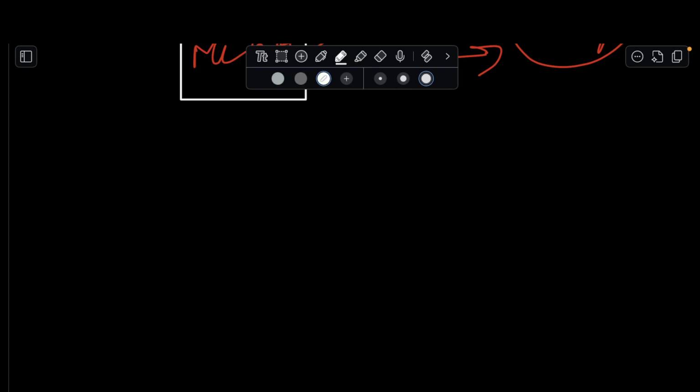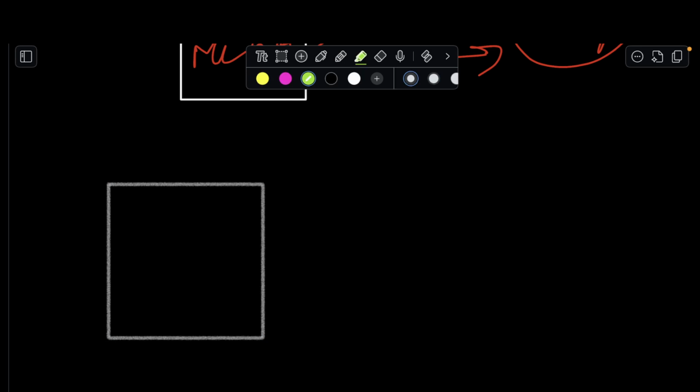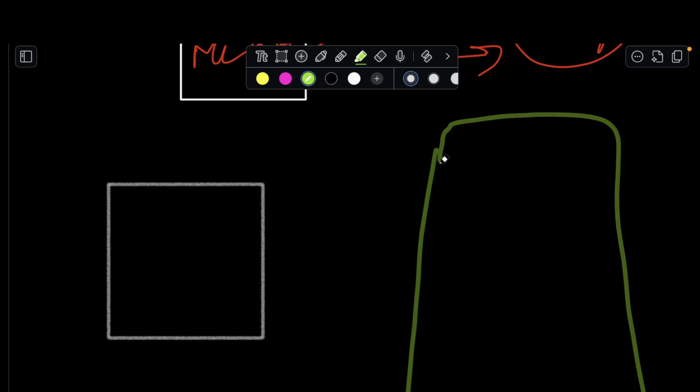So what we said is we have the CPU here. So this is the CPU, right? And then this is the RAM, the random access memory. What's the job of the RAM?